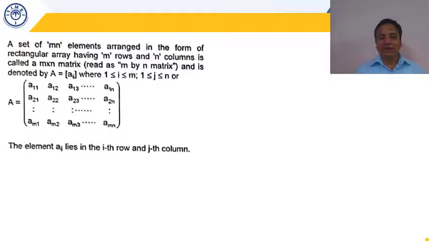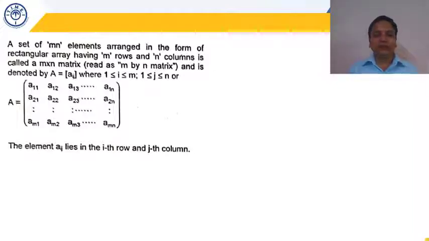First of all, what is a matrix? A set of mn elements arranged in the form of a rectangular array having m rows and n columns is called an m into n matrix, read as m by n matrix, where m stands for the number of rows and n stands for the number of columns.